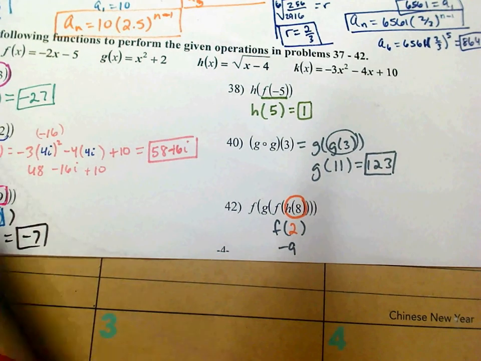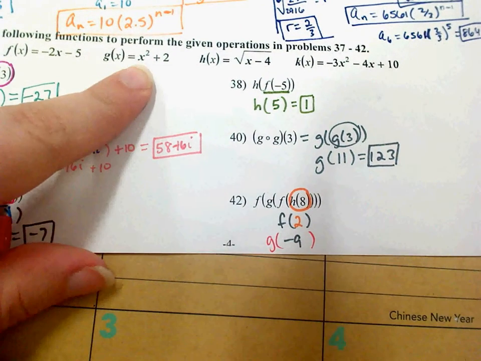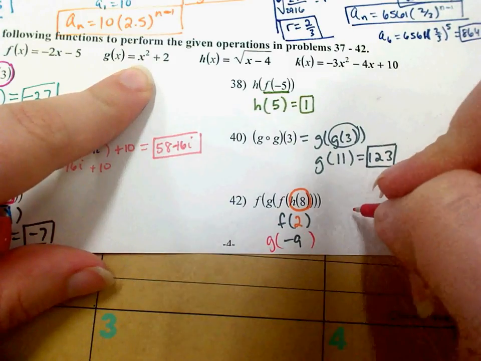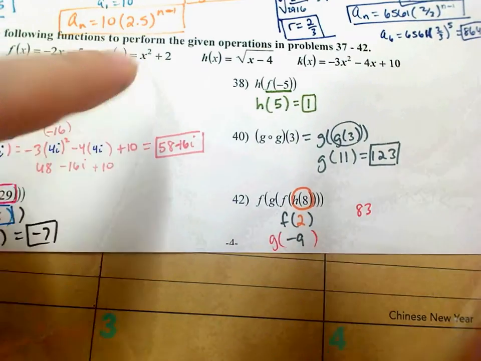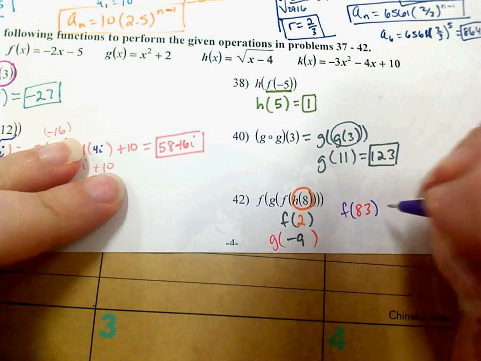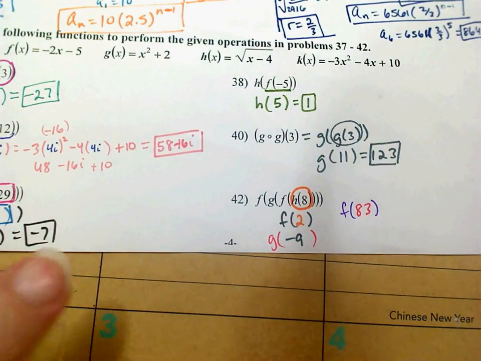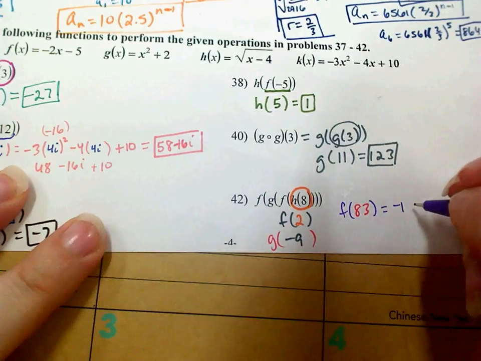So negative 9 squared is a positive 81 plus 2 is 83. So I need to find f at 83. So negative 2 times 83 is negative 166 minus 5 is negative 171. Is that what you guys got?